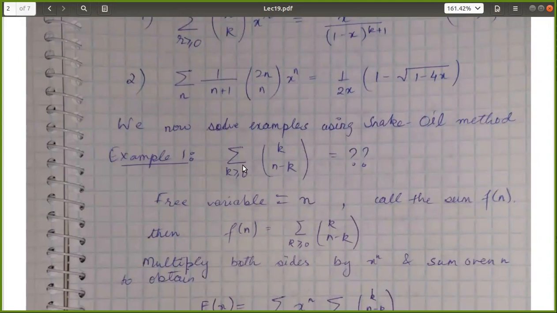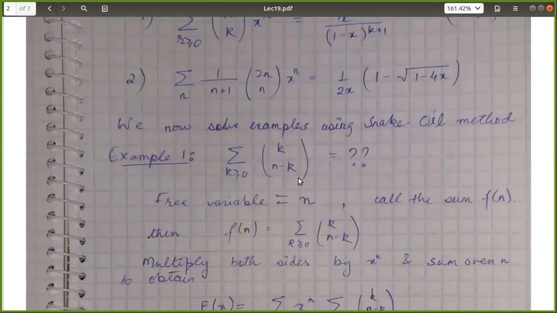This was summation of k choose n minus k, where the summation was running over all the non-negative values of k. If you take any such entry, k choose n minus k, it's clearly a rational function in itself, right?